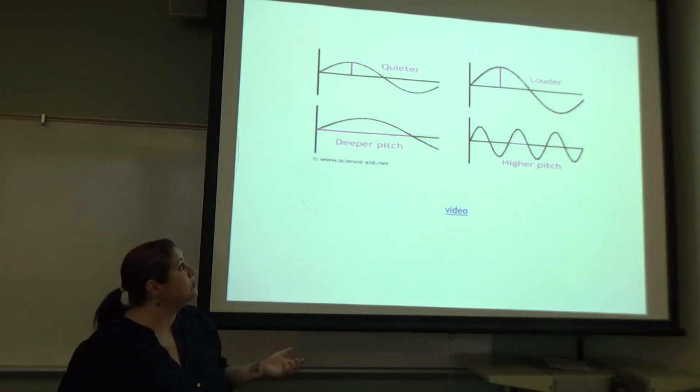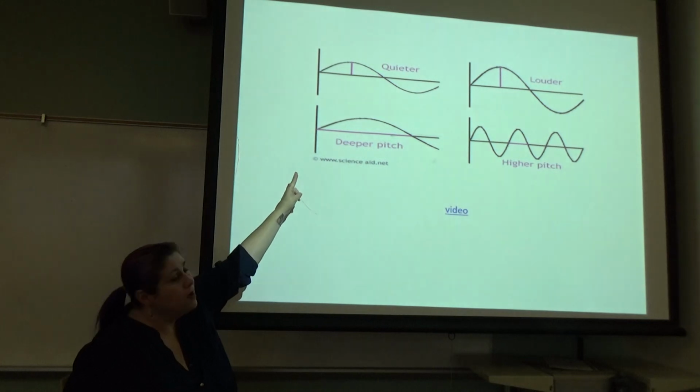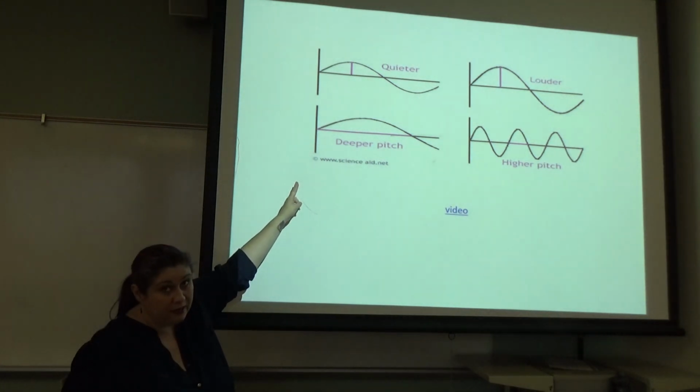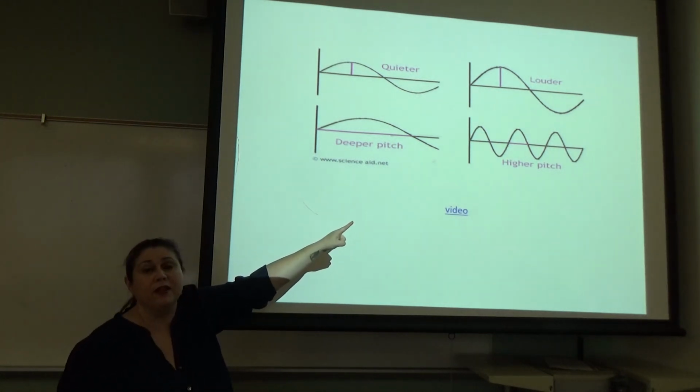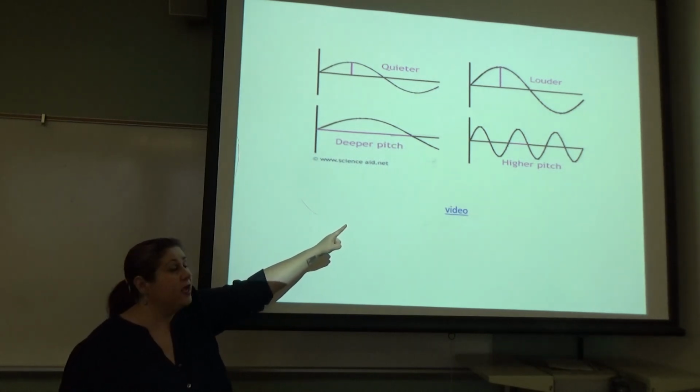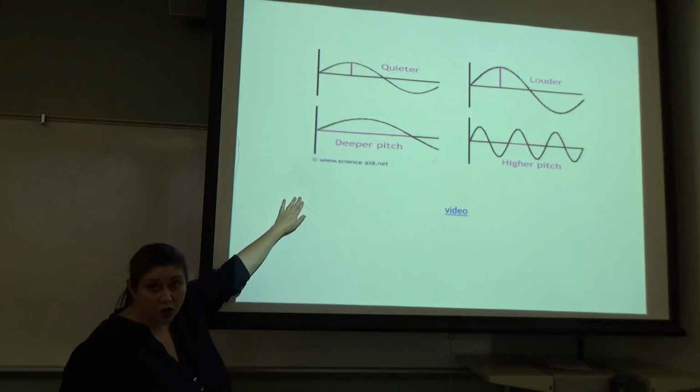It has more amplitude. Whereas over here we have a deeper pitch, a deeper frequency, a lower note. It's a longer wavelength, and then this would be a shorter wavelength, which would be a higher pitch or a higher frequency. Okay? And again, we measure frequency in hertz.